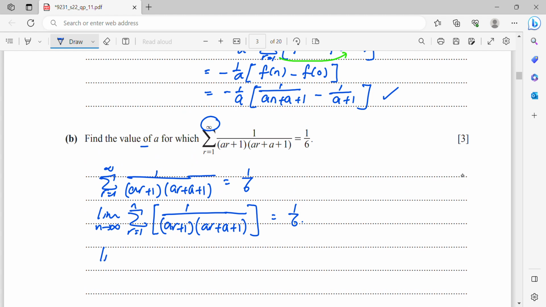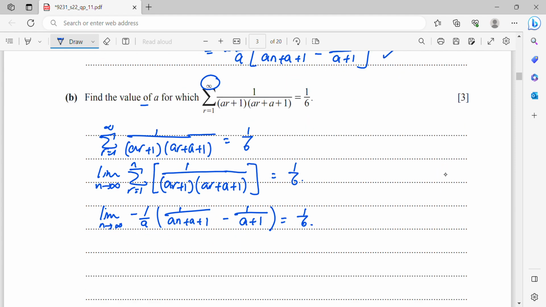So we have found the summation just now. I'm going to replace it by this result. So limit n tends to infinity, negative 1 over a, bracket 1 over an plus a plus 1 minus 1 over a plus 1, that equals 1 over 6.